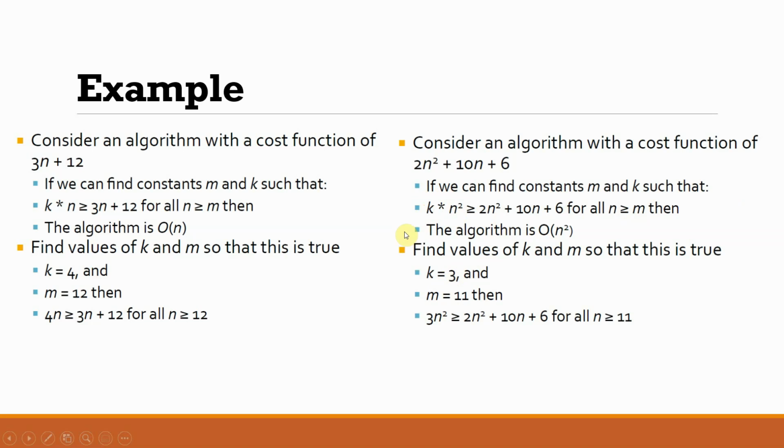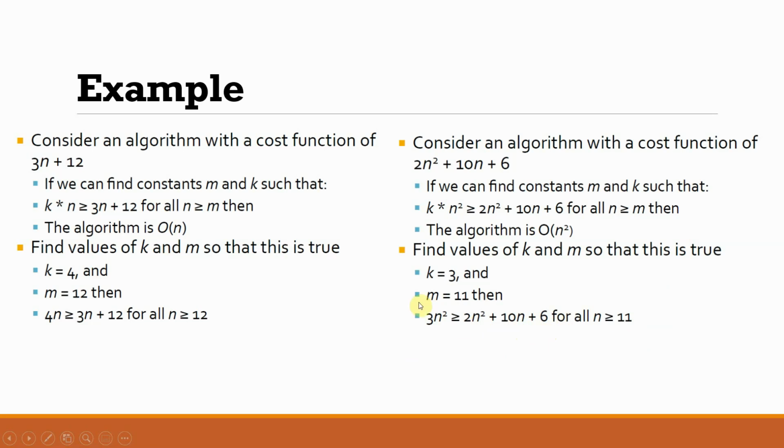The 2n squareds are going to cancel, right? So it's going to be n squared bigger than or equal to 10n plus 6, right? And for that one, if we choose m to be 11, we know that this is always going to be the case. 3n squared is always going to be bigger than 2n squared plus 10n plus 6.